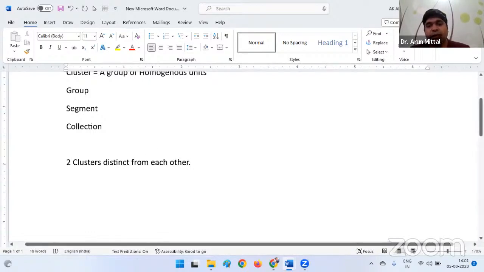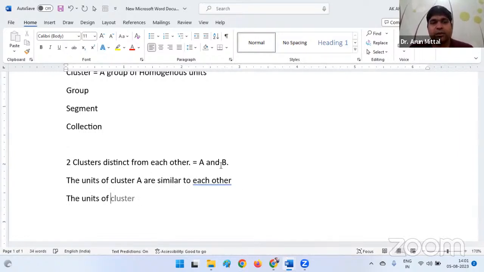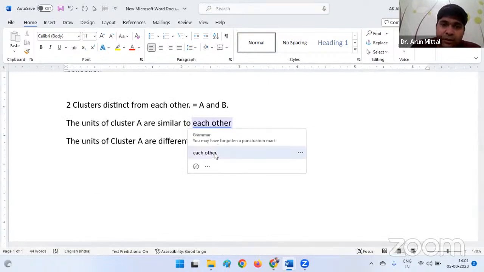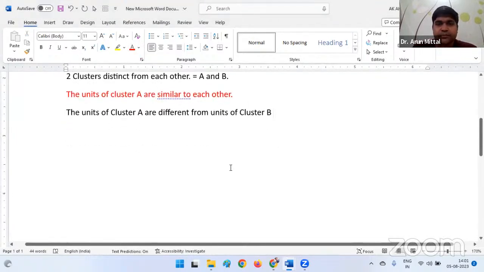Suppose we have cluster A and cluster B. My first observation is that the units of cluster A are similar to each other, and the units of cluster A are different from the units of cluster B. Am I right? The units of the same cluster are similar to each other, and units of one cluster are different from another cluster.